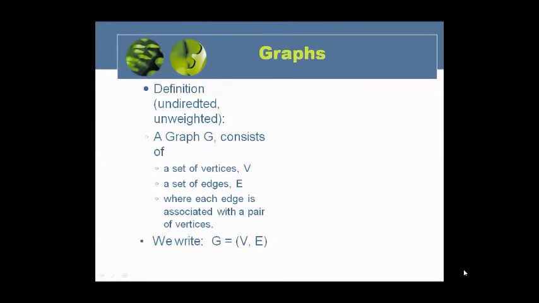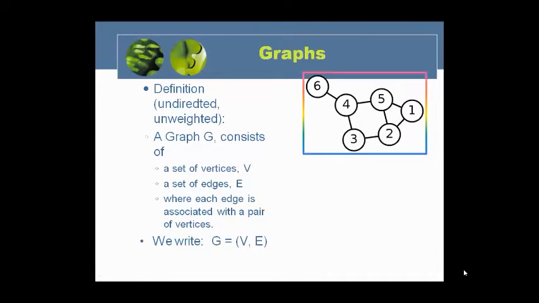So in a graph, we have the undirected or unweighted. A graph G consists of a set of vertices, V is used for vertices, E for edges, where each edge is associated with a pair of vertices.